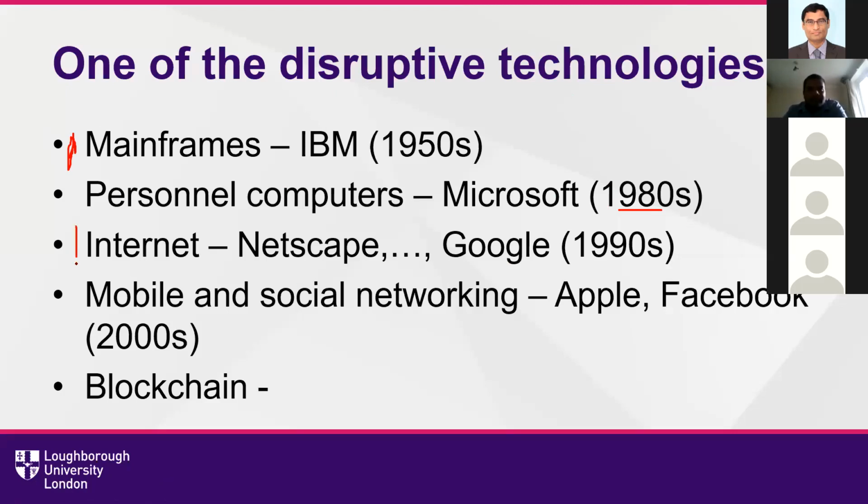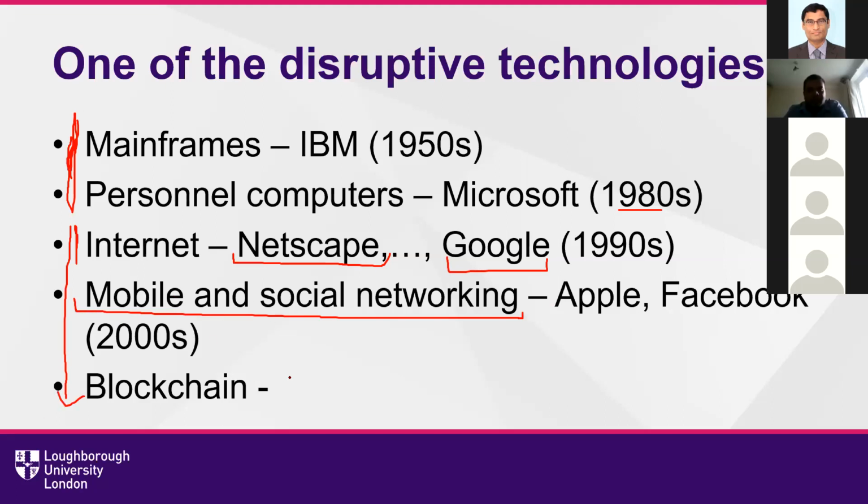In the 1990s, 30 years ago, we had the internet, with companies pioneering it like Netscape and later Google, right? Recently, in the last 10 to 20 years, mobile and social networking, like Apple and Facebook, right? These two are pretty much hardware, and these are pretty much software, as well as hardware.